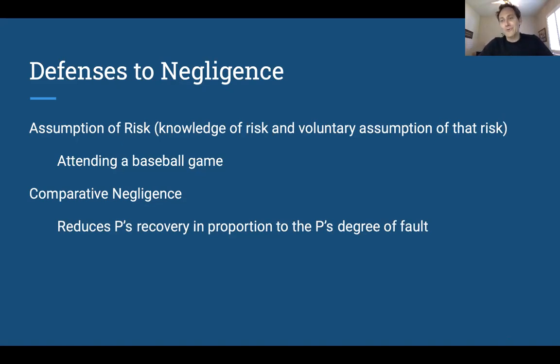Well, you lose. Sorry, you jumped into that street to run with the bulls. You got gored, but you knew that was a possibility. It's part of the thrill of running with the bulls. You accepted that risk. All right, let's jump to the next defense here, and that's comparative negligence.